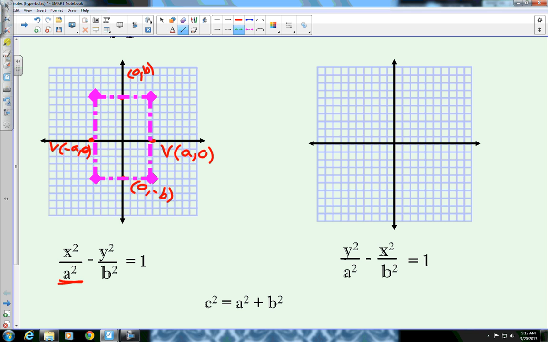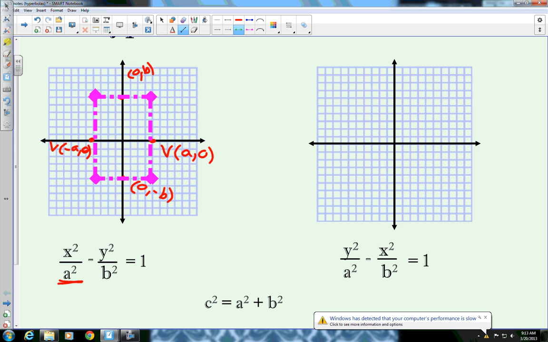Okay. So now here's the really cool part of these. You remember back when we did the rational functions, we talked a little bit about asymptotes. Anybody remember what an asymptote was? Okay, exactly.